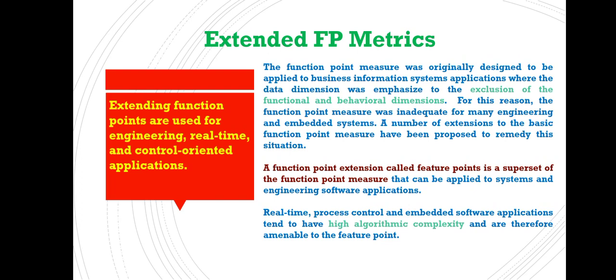The function point metrics exclude the functional and behavioral dimensions, which is a drawback. To solve the problem, we consider a function point extension called feature points, which is a superset of the function point measure, applied to systems and engineering software applications.